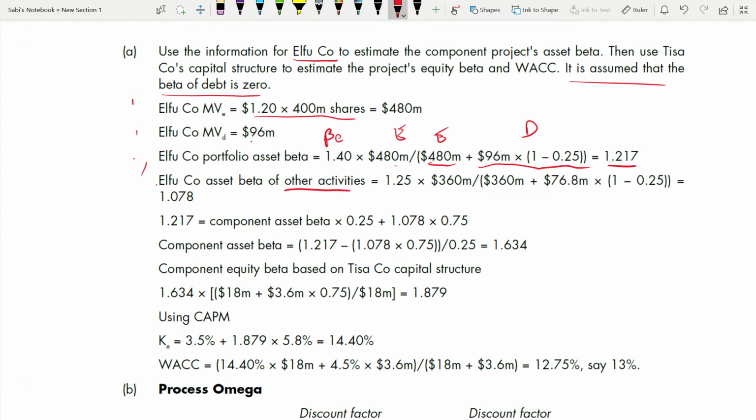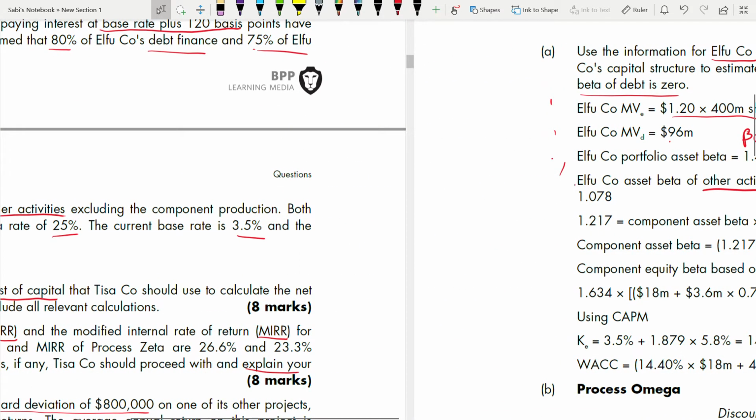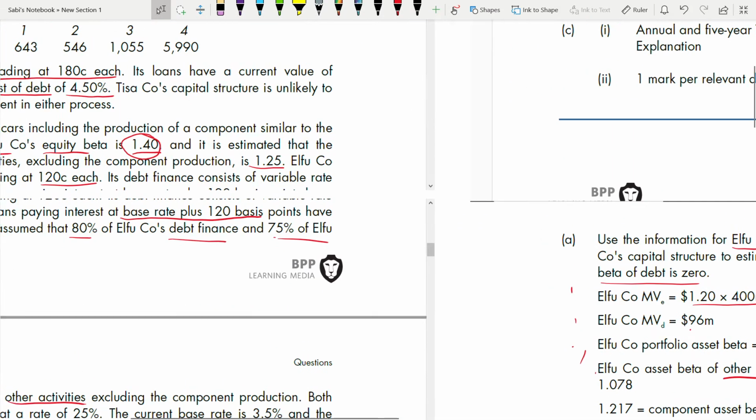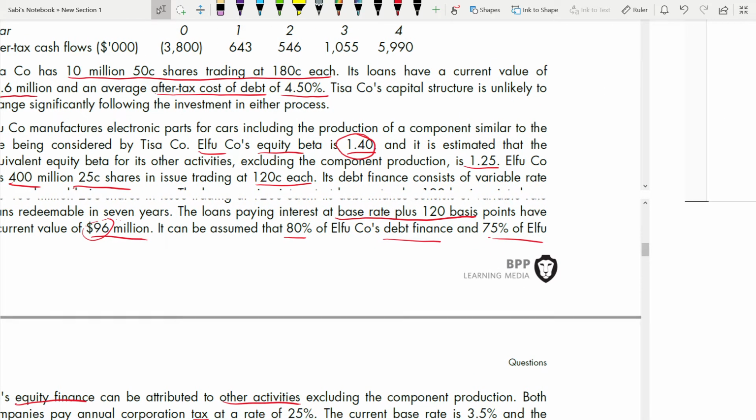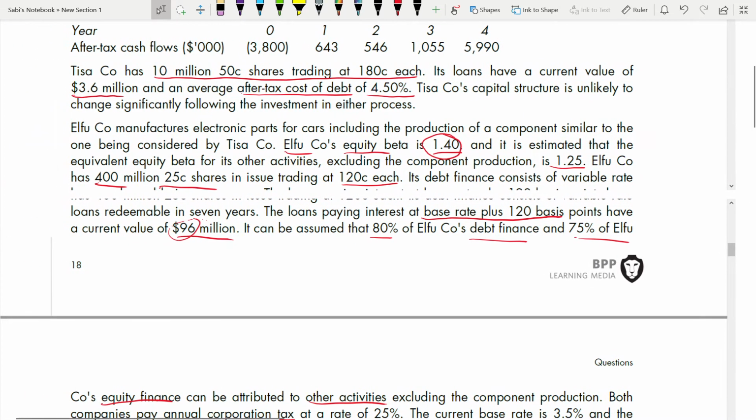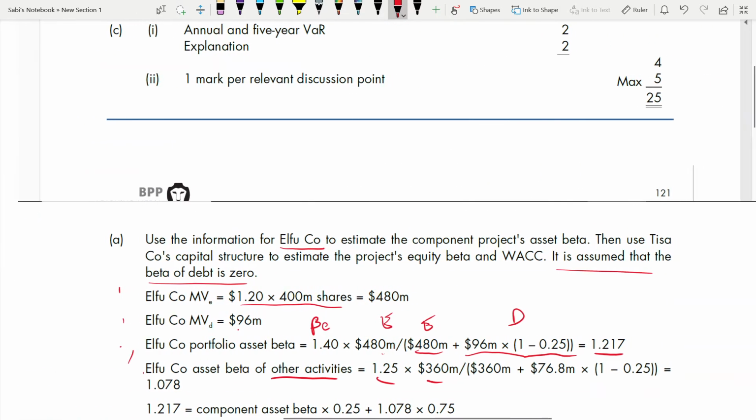So equity beta of L4 was 1.25, right? Multiply by 360. What is this 360? Okay, value of equity. How did we get the value of equity? Because we have been told here that 80% of L4's debt finance and 75% of L4's equity finance can be contributed to other activities. So that means you have to take 75% of what?